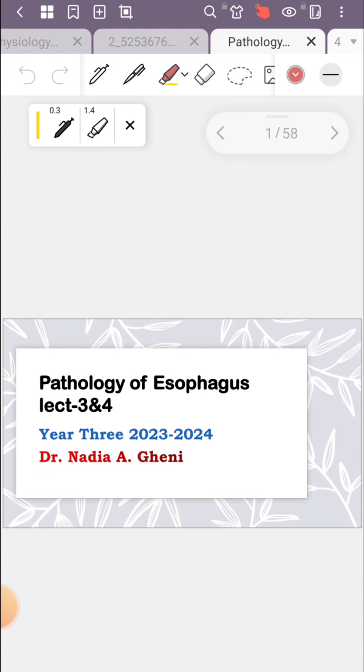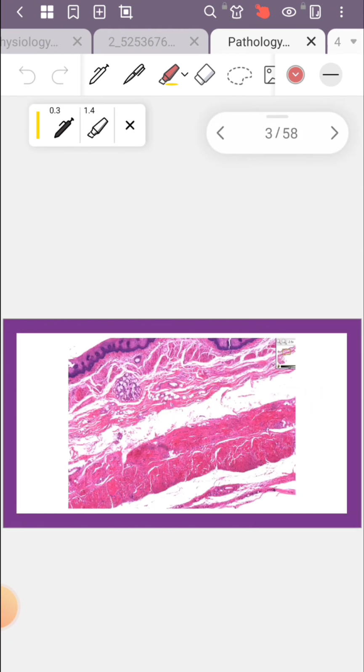This is the normal wall of the esophagus. These are the normal histological parts, four parts: the upper mucosa, submucosa, muscularis propria, and the serosa. The mucosa is lined by non-keratinized squamous epithelium.